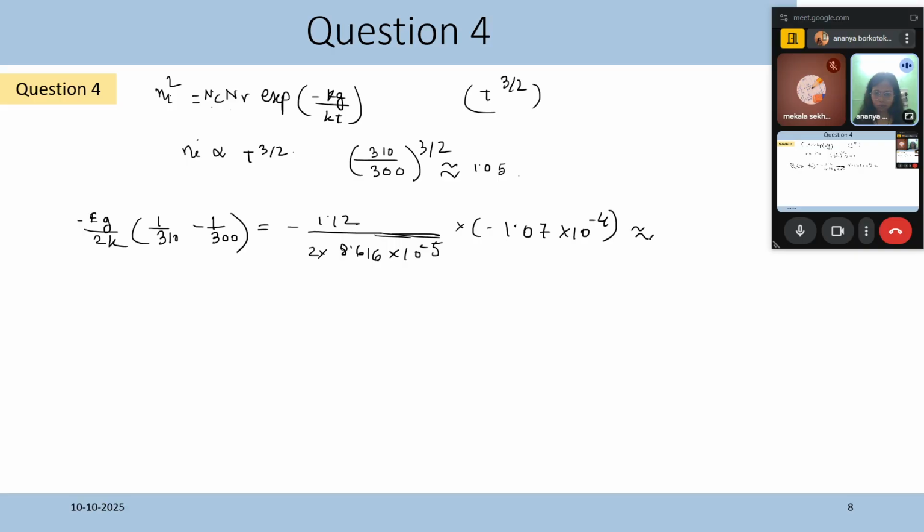So this is roughly into 1.12 divided by 2k, giving 0.69.